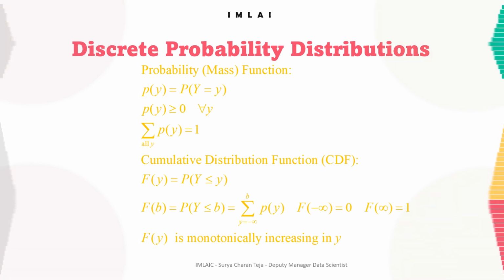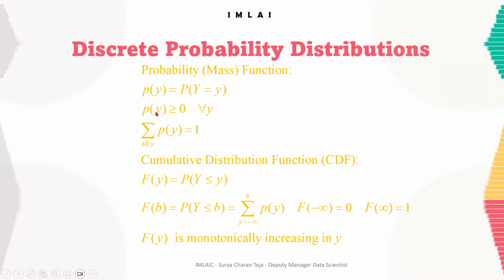So formally, for a discrete random variable capital Y, the probability of small y is equal to the probability of the random variable capital Y at a value small y.